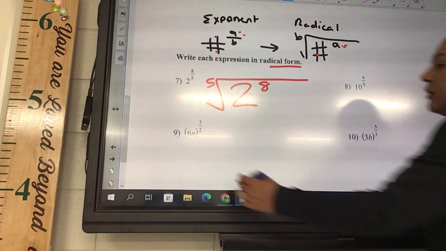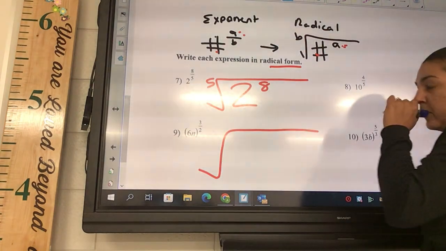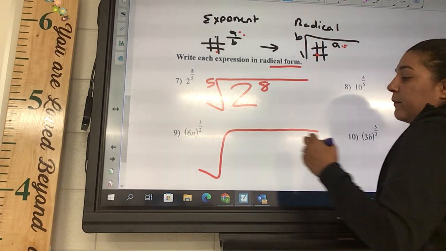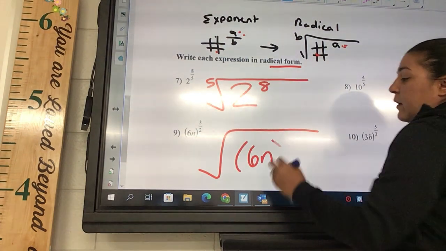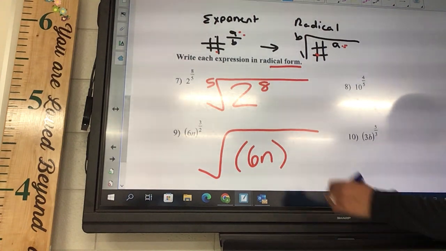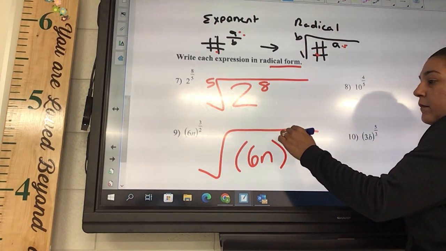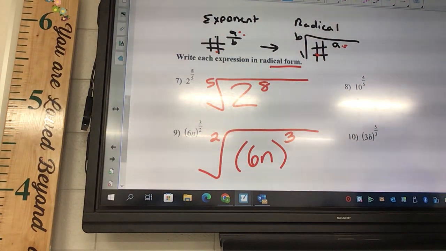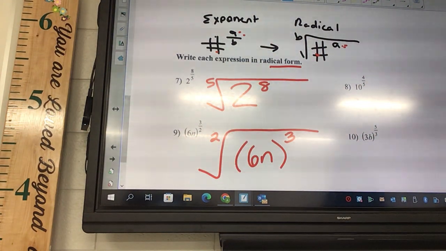Okay, same thing, we're drawing that radical. What's going underneath? What's our big number? 6n. What number is going on the inside? 3. Outside? 2. And again, the 2 can be put there, but it doesn't absolutely have to be there.